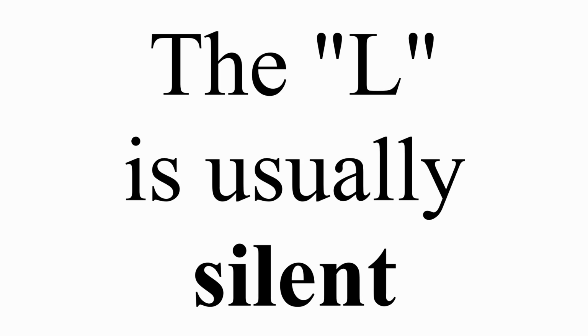And our next word is also commonly mispronounced, again because of the spelling. You guys have to watch out for this. It is the word walk. AL is a common spelling pattern for the fifth vowel, just like AW. But when it represents the fifth vowel sound, it's usually silent.